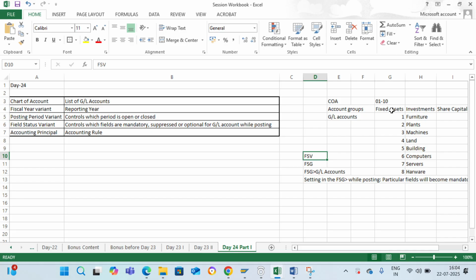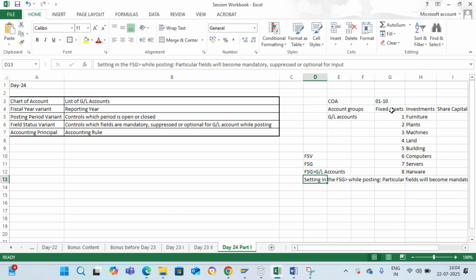Under the field status variant we have field status groups. These field status groups are assigned to the GL accounts based on the setting in the field status groups while making posting to a particular GL account. Some fields might be mandatory input and some might be suppressed, which you will not be able to see on the screen as well, and some may be optional.